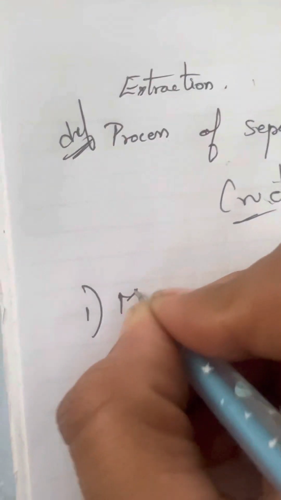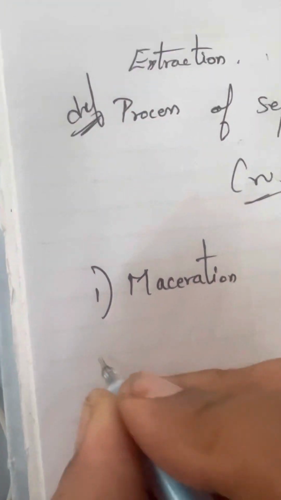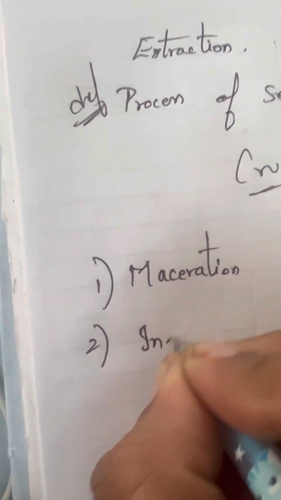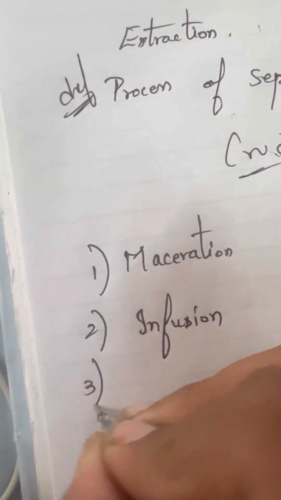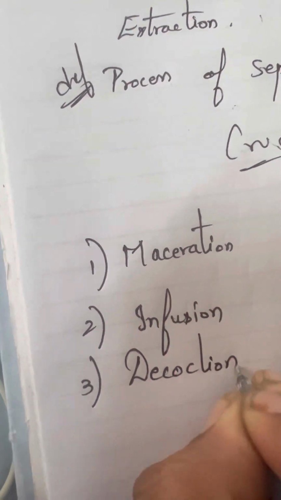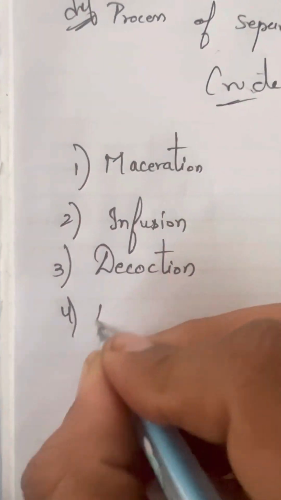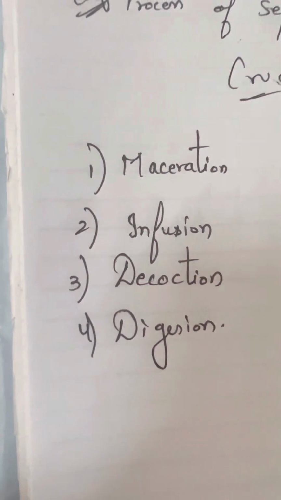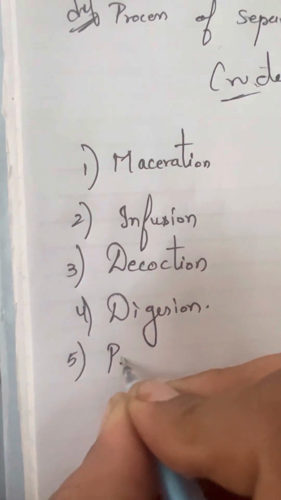The first one is maceration, second infusion, third decoction, fourth digestion, fifth percolation.